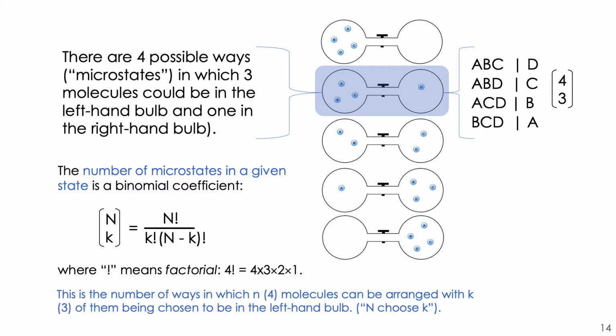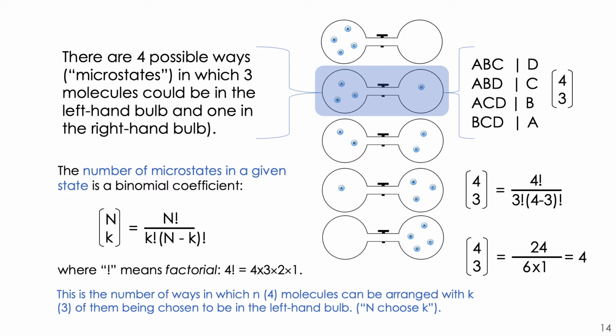So for our case, we have 4 choose 3, which if we develop, we see is indeed 4 possibilities. We knew it was 4 because we made it by hand as A, B, C, bar, D, etc. And it was pretty easy.